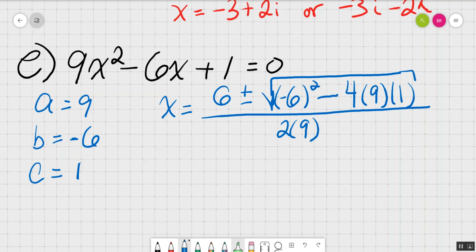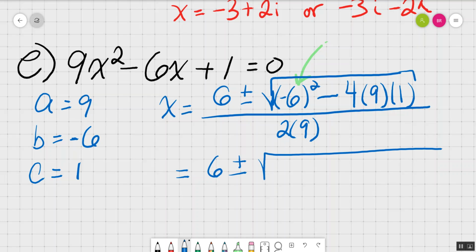I haven't cautioned you about this before, but notice with the negative b's, I have been using parentheses to make sure that if you enter it into your calculator, you don't enter it incorrectly. Some calculators, if you do negative 6 squared, will square first and then do the negative and give you something like negative 36. But be careful, it's actually negative 6 and then squared, the whole thing squared. Just a good caution thing to watch out for.